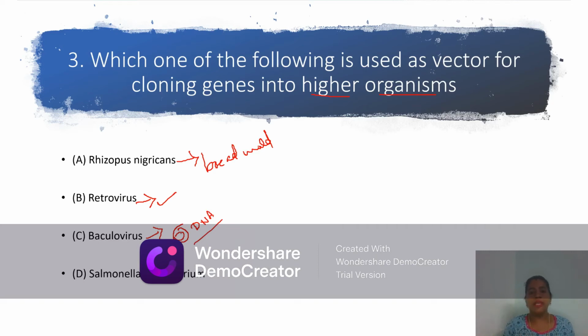Understand? The DNA directly cannot enter into the cell. Fine. Salmonella typhimurium, you already know, is a bacterium causing typhoid, right? So here the right answer is option B.